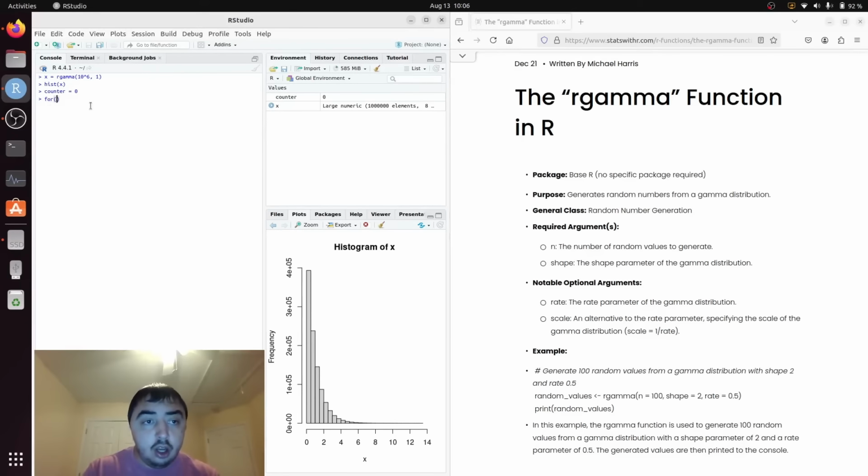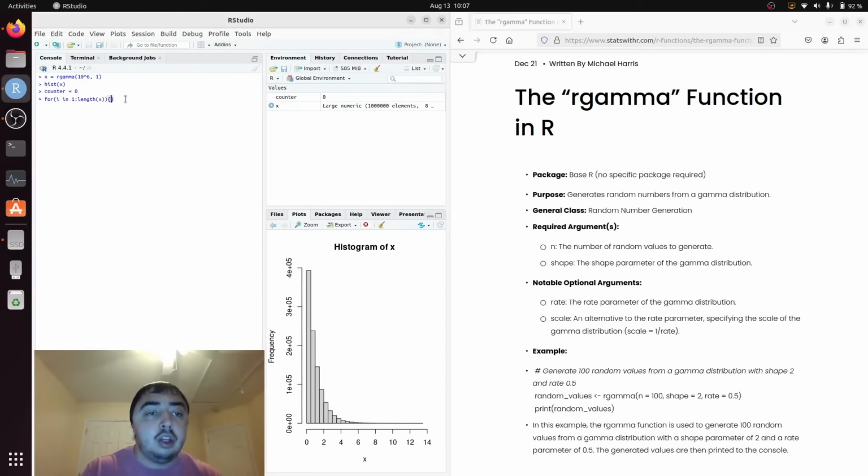So for i in 1 to the length of x, the length of the x vector is 1 million. So we're saying for i in 1 to 1 million, so i is going to be 1, 2, 3, up to 1 million.